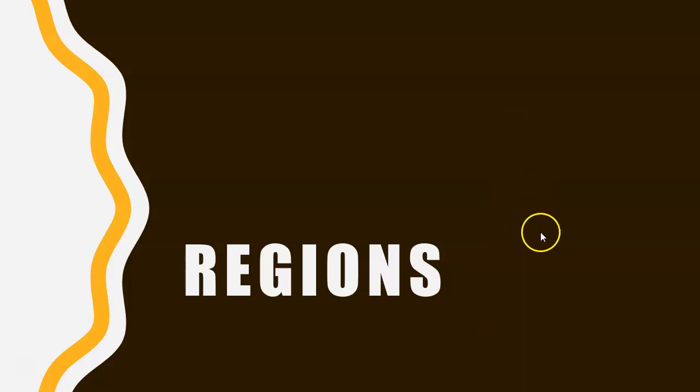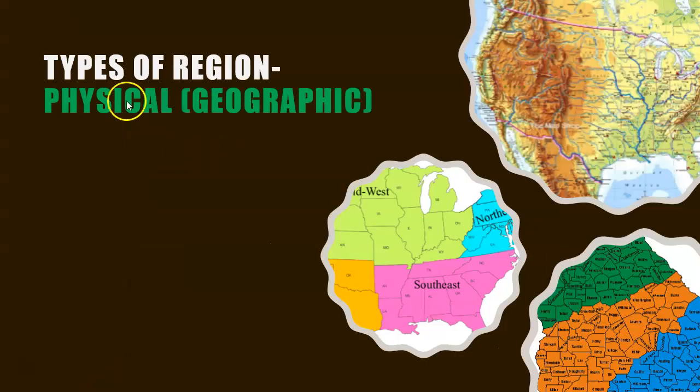And then finally, we have region. There are different types of regions, starting first with a physical region. So the United States is a physical region. We are separate from Mexico and Canada. Some of it is geographic boundaries. Some of it may be political boundaries.